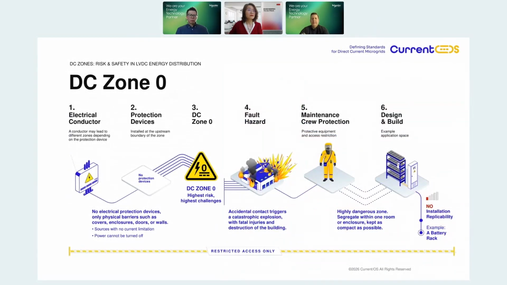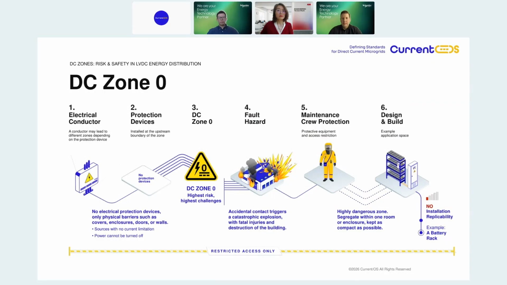DC zone 0 is the most dangerous zone. This is the zone which is connected directly to the source without any protection. It's the highest risk and the highest challenge. There are only physical barriers.